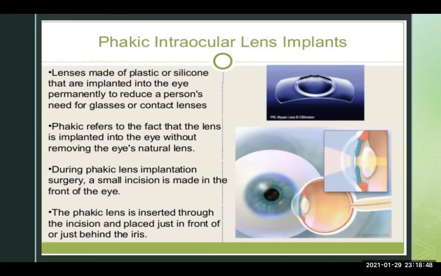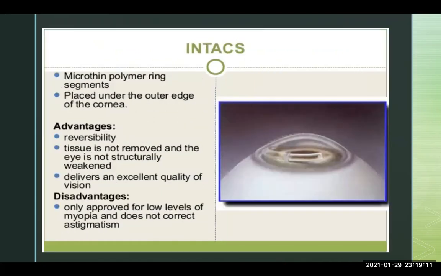It's called phakic IOL, an IOL inside the phakic eye. The phakic lens is inserted through an incision just in front of or just behind the iris. In front of the iris is one type, but it's not commonly used nowadays. The most common nowadays is the ICL, implantable contact lens, just behind the iris.